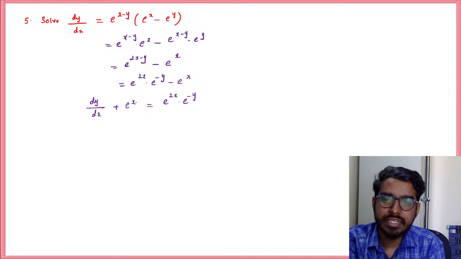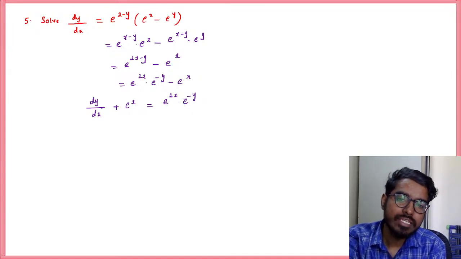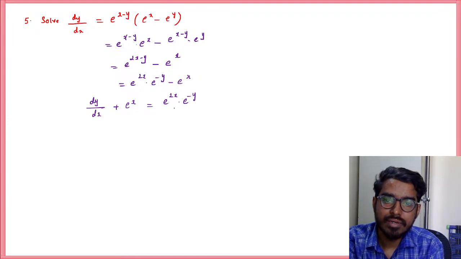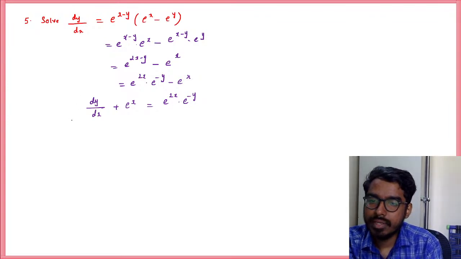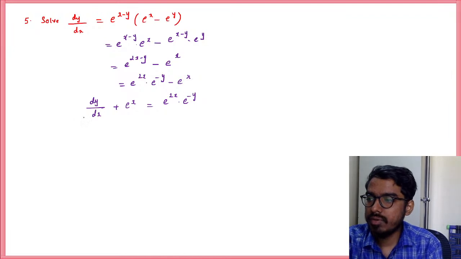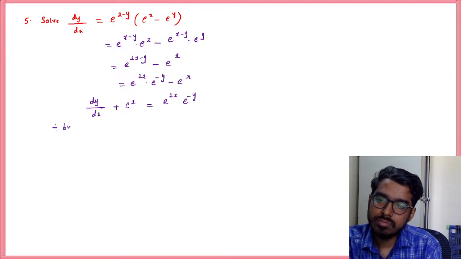That is y power 0 is here. And instead of y power n into q, you will have e power minus y into q. No problem, right? Okay. So what we will do is divide throughout by e power minus y.